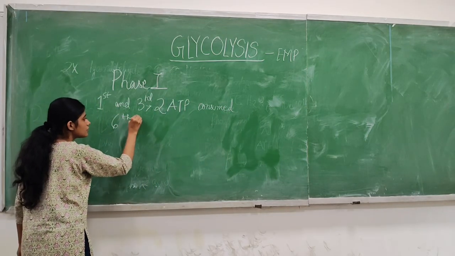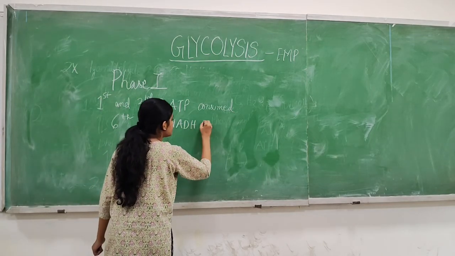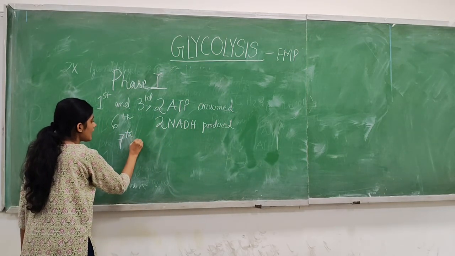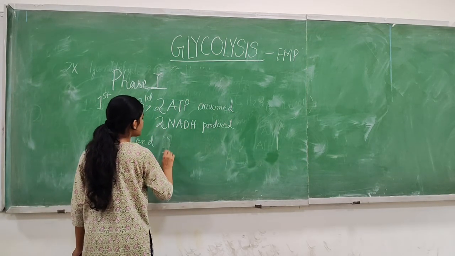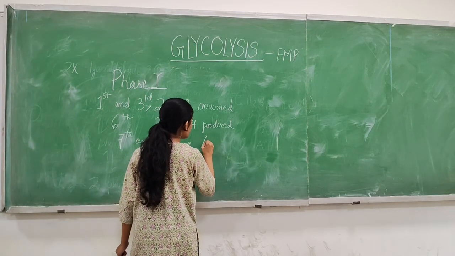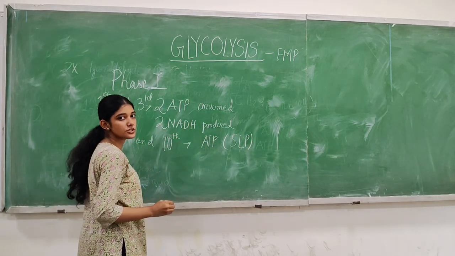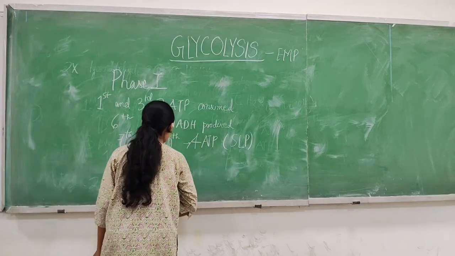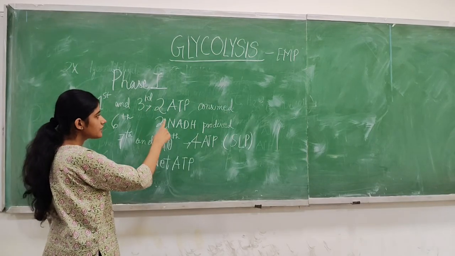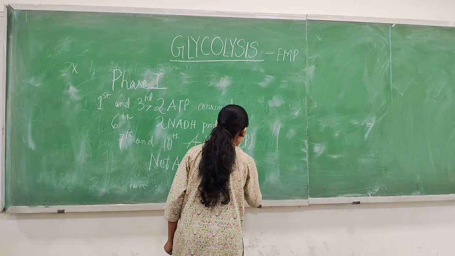In the sixth step, 2 molecules of NADH were produced. In the seventh and 10th step, ATP was produced by substrate level phosphorylation. So 2 ATPs were produced in each step, the total would be 4 ATPs. But the net ATP gain would be, as in the first and third step, 2 ATP were consumed, 4 minus 2 equals 2 ATP.